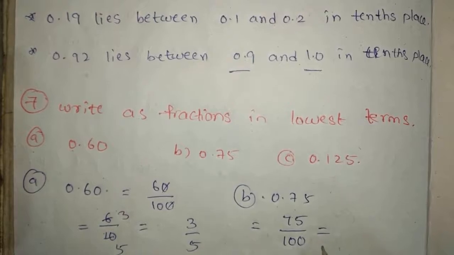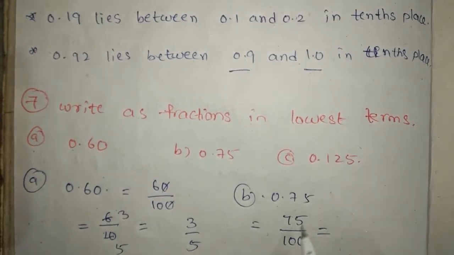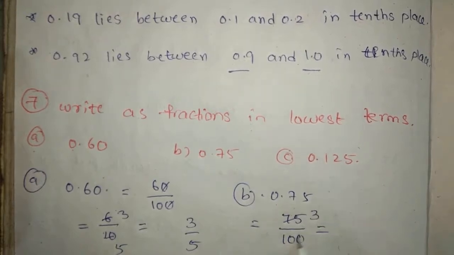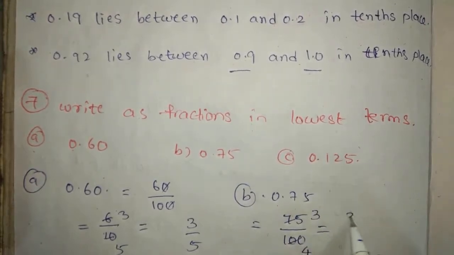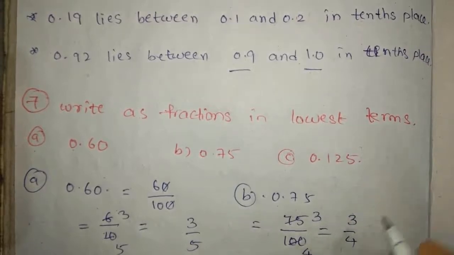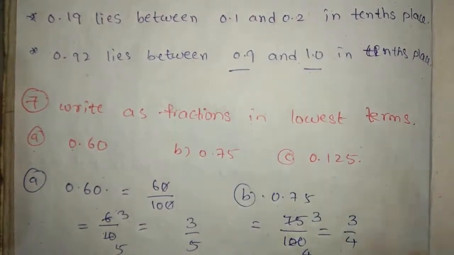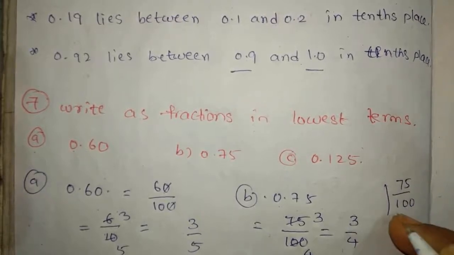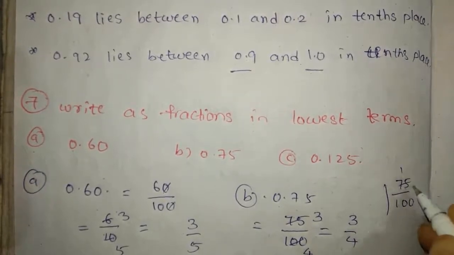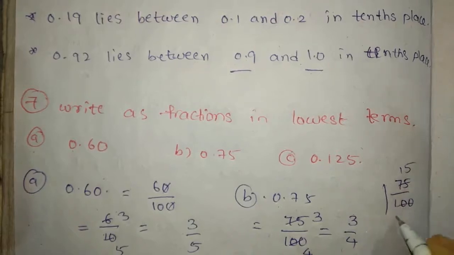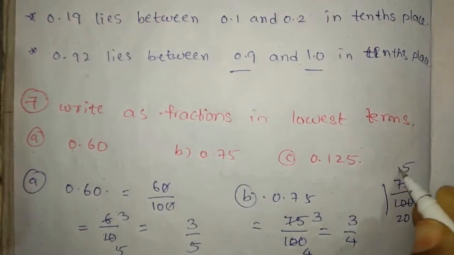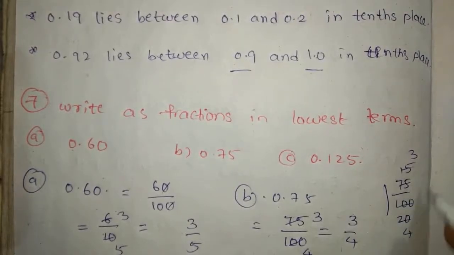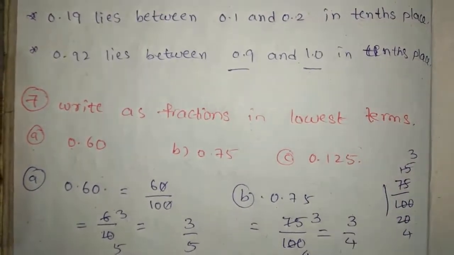That is equal to, by cancellation, 25 threes are 75, 25 fours are 100, so 3 by 4. Otherwise you can do this in rough: 75 by 100, 5 ones are 5, 5 fives are 25, so again 5 threes are 15, 5 fours are 20, that is also 3 by 4.